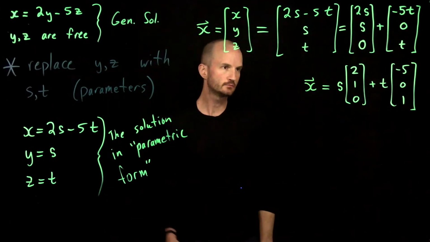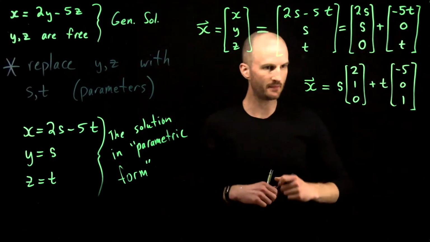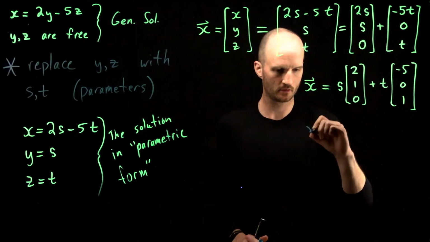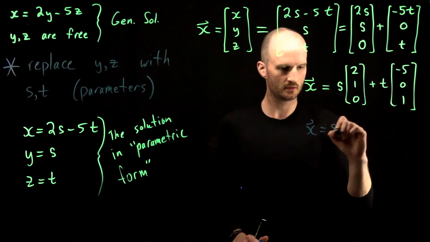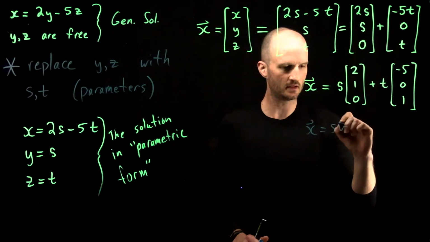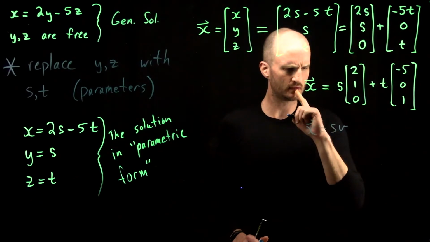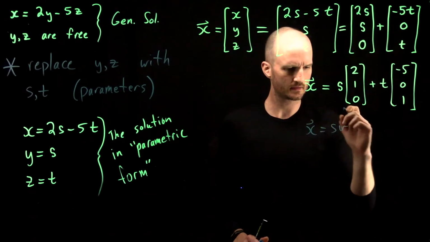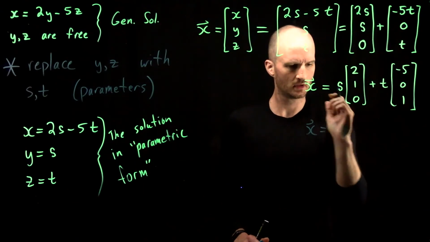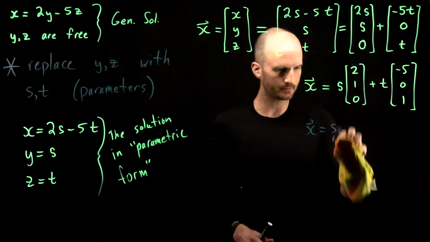So we will perhaps just emphasize that by writing underneath x is equal to sW plus tV, where this is W and this is V. I believe that's what I did last time, right?